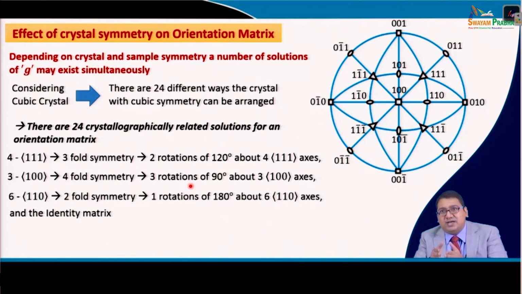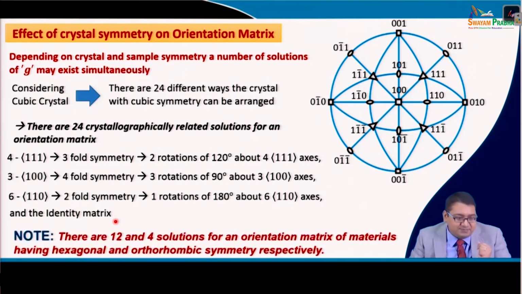So, 8 plus 9 is 17, and 6 into 1, that means 17 plus 6 is 23, plus the identity matrix becomes 24. So, there are 24 crystallographically related solutions for cubic crystals because of this kind of symmetry element, which is the point group symmetry present in it.